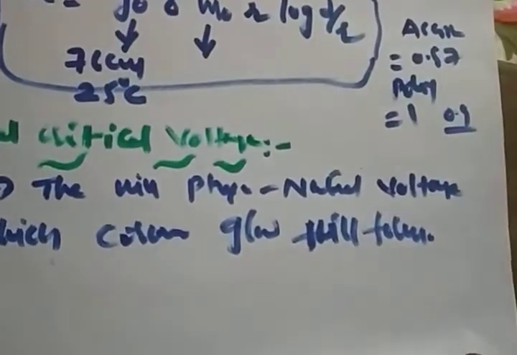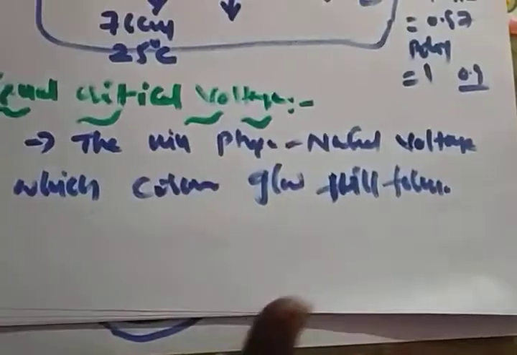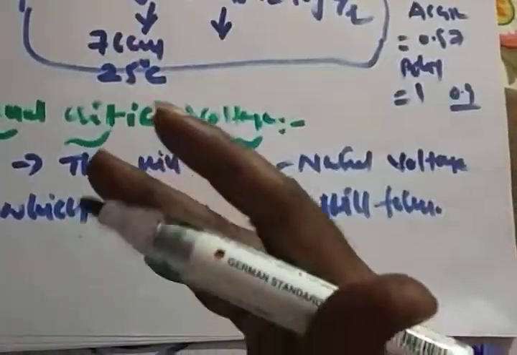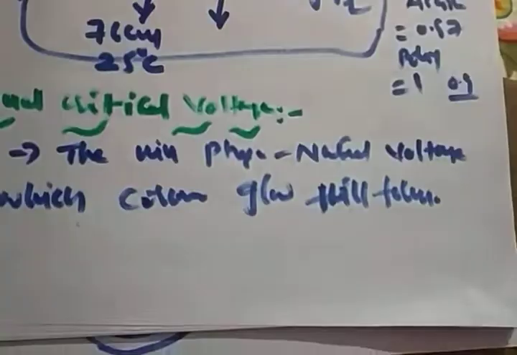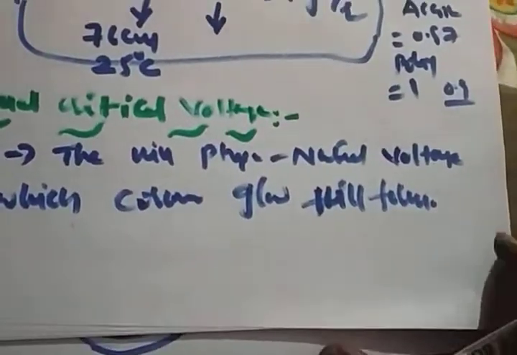That voltage we call the visual critical voltage. The critical disruptive voltage is the phenomenon for corona formation, not the glow.